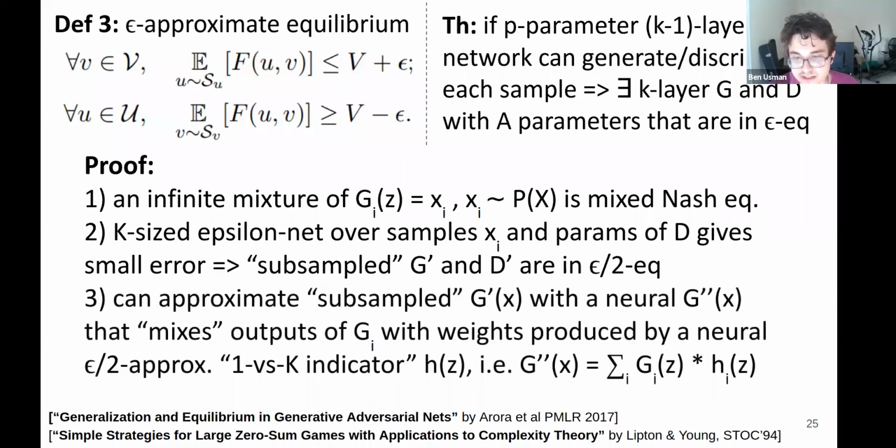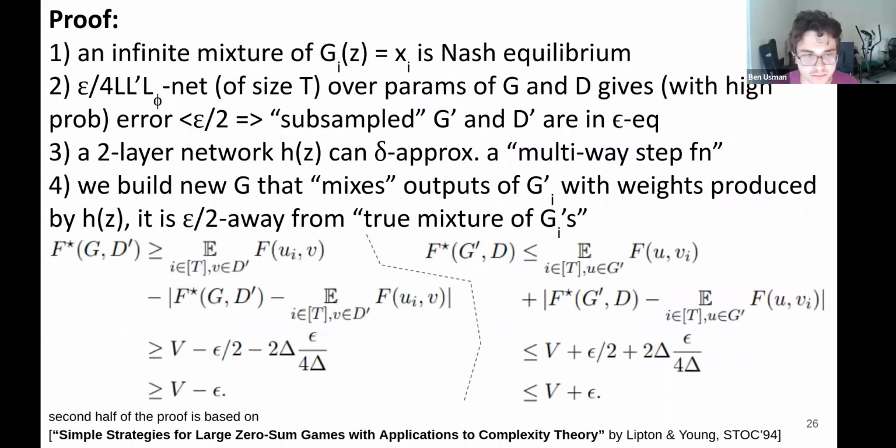And then we can further approximate this pruned solution with a neural network, also with some additional error, that mixes those pruned dumb generators. And for reference, this technique of proving approximate game solutions with cover sets was first proposed by Lipton and Young back in 1994, and the authors of this paper just added neural networks on top of that. I will skip the concrete details with concrete numbers. Hopefully you get the idea of what we do here.